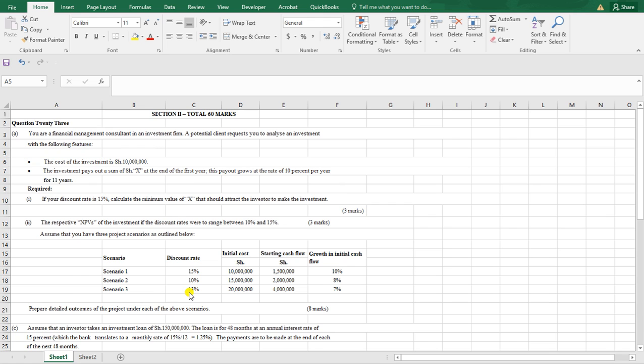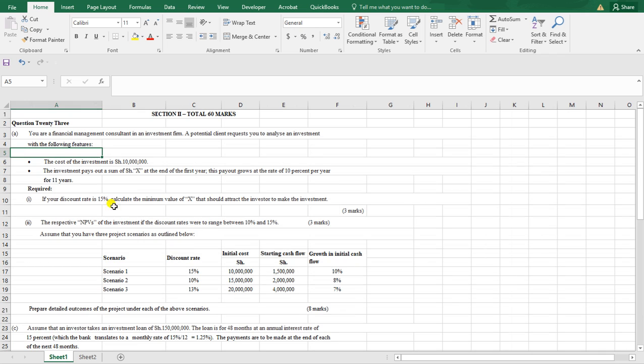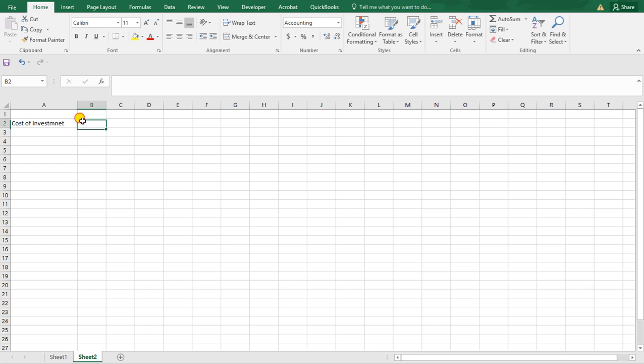So basically, I'm going to open a new sheet 2. Identifying our variables, first of all, we are having cost of investment, which is 10 million. So talk of cost of investment. Ideally here is what? 10 million, right?